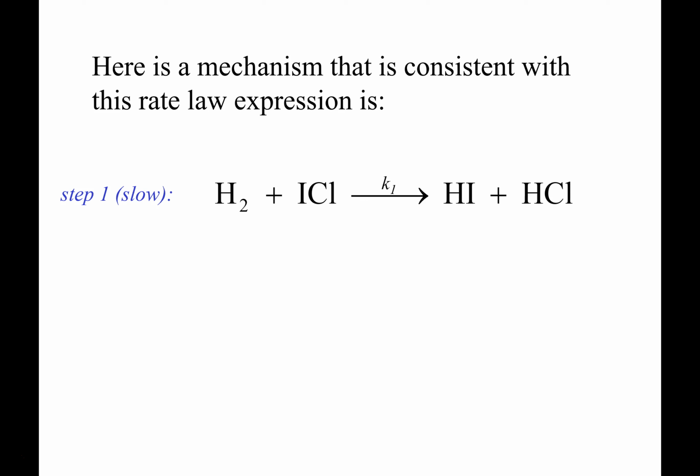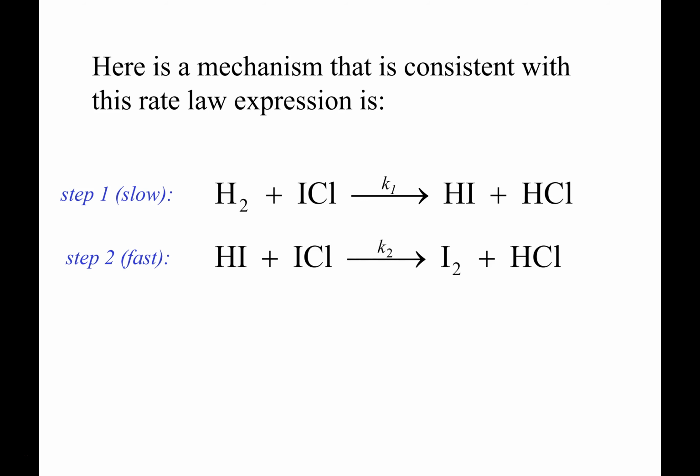So here we go. What if, let's just throw this out there, one molecule of H2 combines with ICl to make HI and HCl, okay? And then your HI combines with another molecule of ICl to make I2 and HCl.